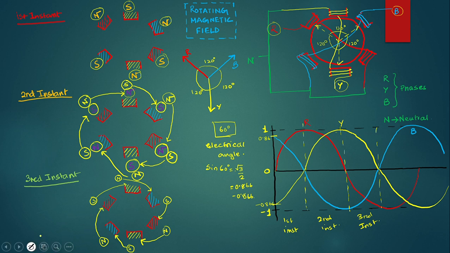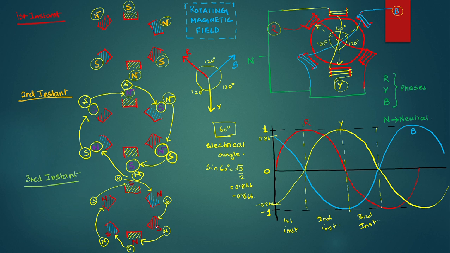So the new poles that will be induced in this instant will be: this is south, this is north, south, north, south, and north, right?